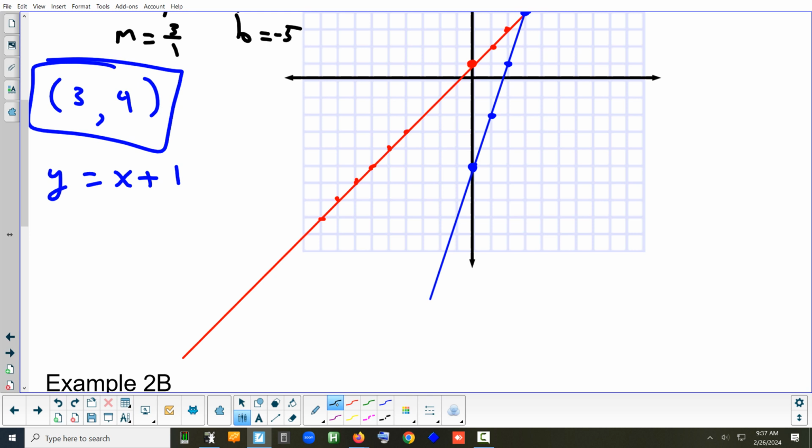Oh, wait, no. 4. Okay, x, y. So we think 4 is the y. And what number do we think is the x? 3. All right, so we get 4 equals, what's 3 plus 1? 4. So what do we know about that point then?